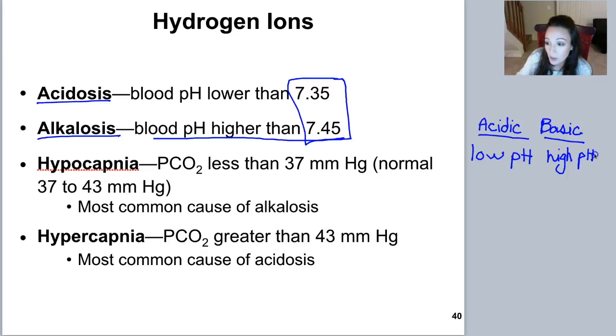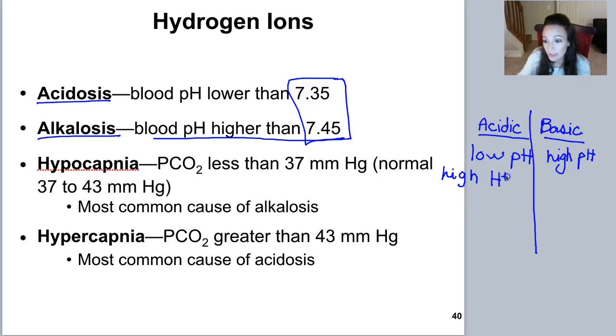Now we need to know what this means for our hydrogen ion concentration in our blood. And this is really, really important. So if our blood is acidic, this actually means that we have a low pH but a high concentration of hydrogen ions.